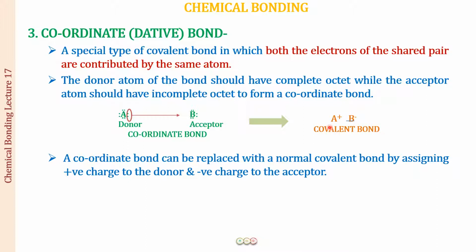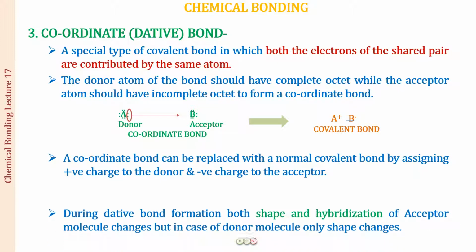So that is why we say that there is going to be a bond between them, but atom A will have a positive charge and atom B will have a negative charge, right? So I hope this is clear to you people, how a coordinate bond is formed when there is a covalent bond between the two atoms, but the shared pair of electrons is contributed by one atom only.